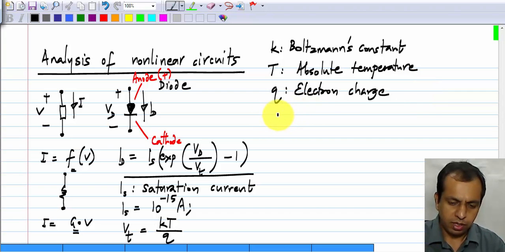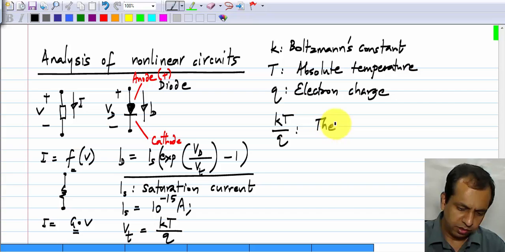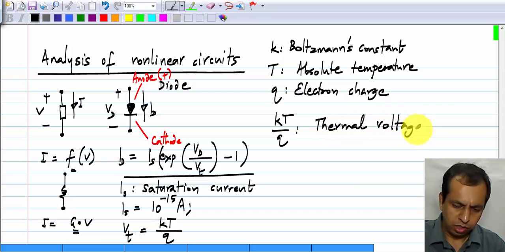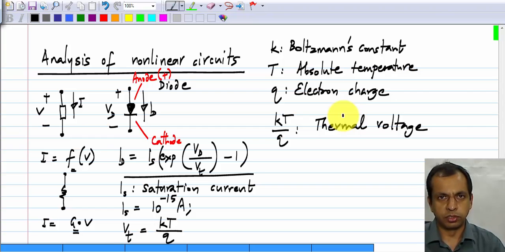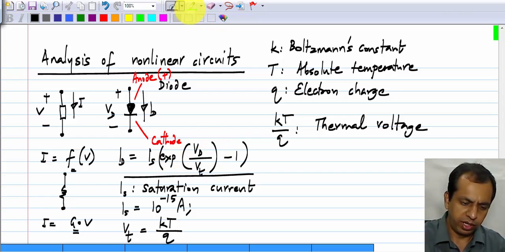This number kT by q is known as the thermal voltage. Obviously it has dimensions of volts, and it must be like that to balance the dimensions here, because Vd is volts, so Vt also has to be in volts, so that the argument of the exponential is dimensionless.